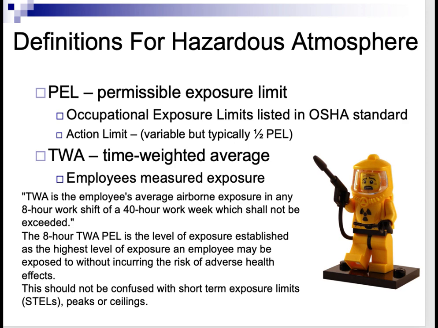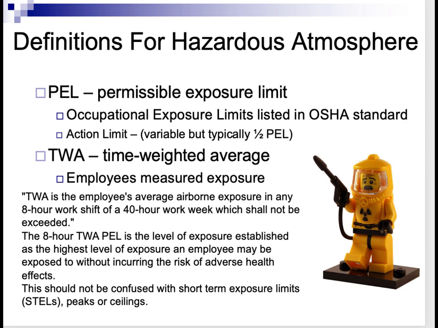We evaluate a person's exposure using a time-weighted average. And a time-weighted average is the employee's average airborne exposure in any 8-hour work shift of a 40-hour work week. So the 8-hour time-weighted average permissible exposure limit is a level established that's the highest exposure that a person can be exposed to and not have any adverse health effects.